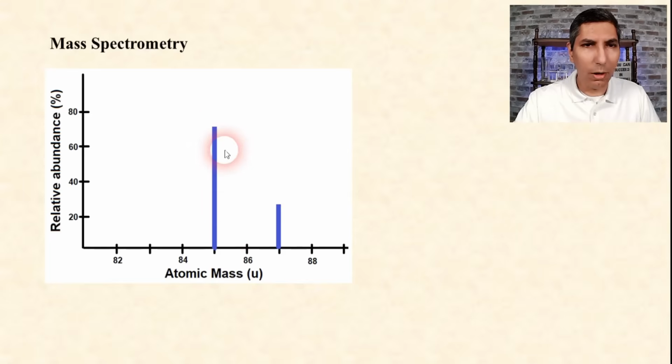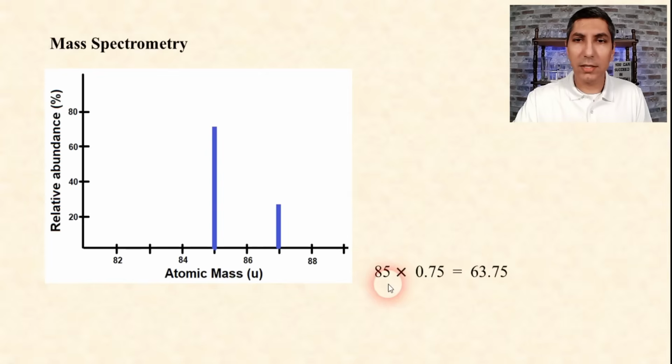So this first one, the tall one, looks like it's probably around 75% abundant of all the atoms. This other short one seems to be somewhere around 25%. You can take the atomic mass of the isotope, which is 85, multiply it by the decimal equivalent of its percentage, which is 0.75 here, and you get 63.75.